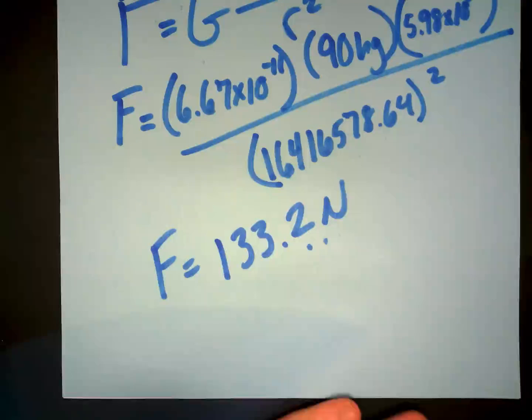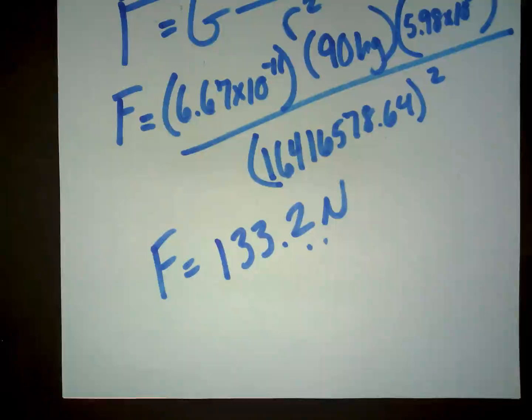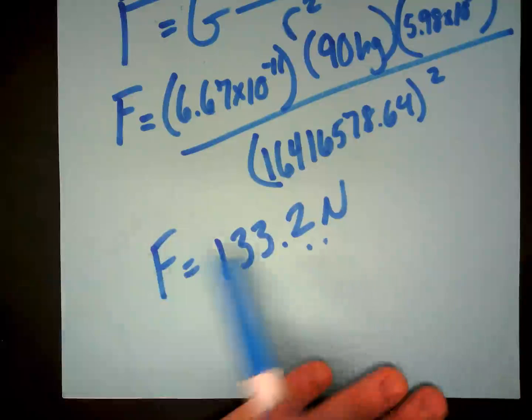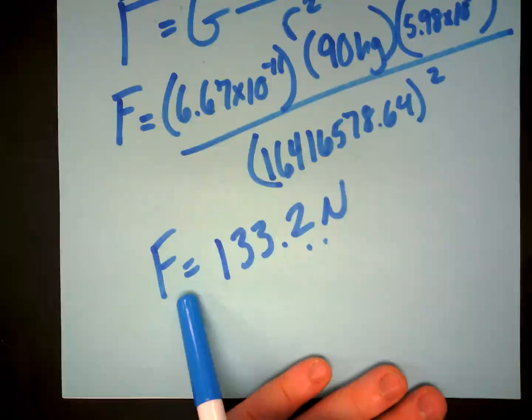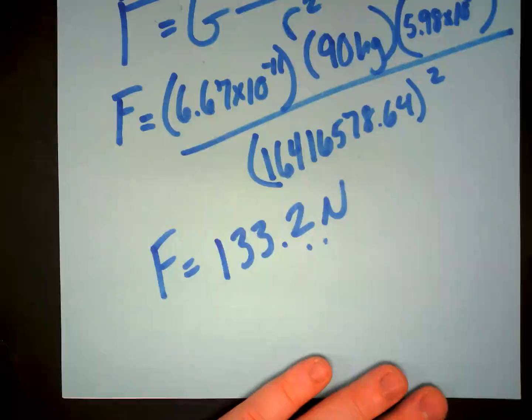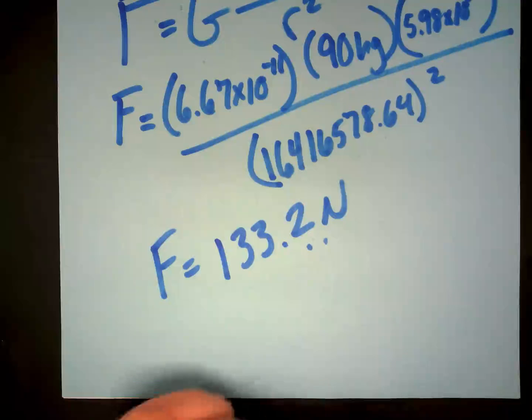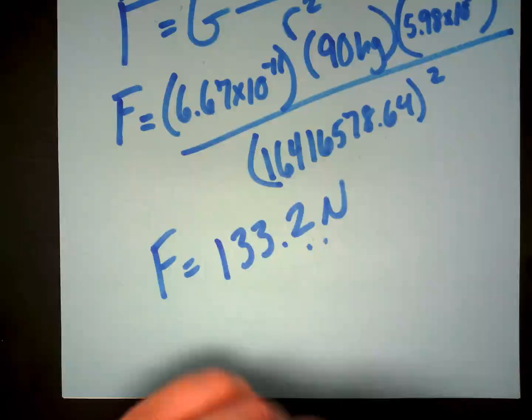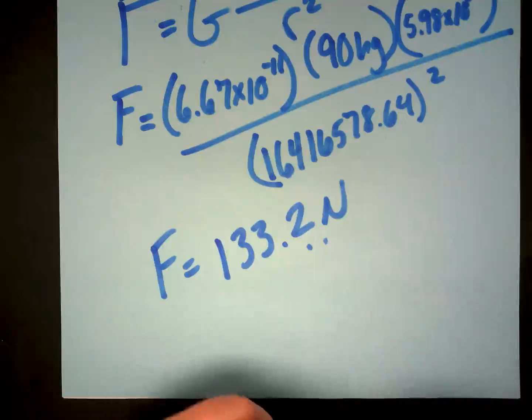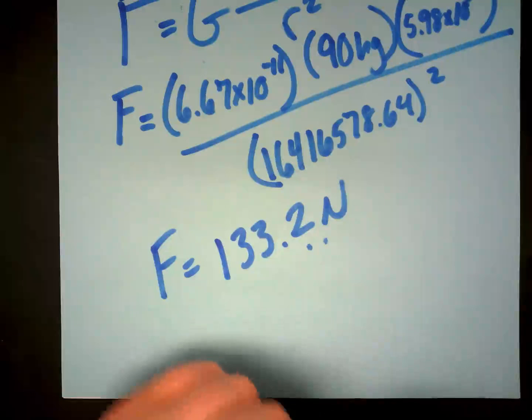Now let's see how to convince you otherwise, because again, it's not obvious that the weight the guy is measured in, the 90 kilograms, is the same as the force felt between the two objects. That's not terribly obvious either. So how else to convince you?